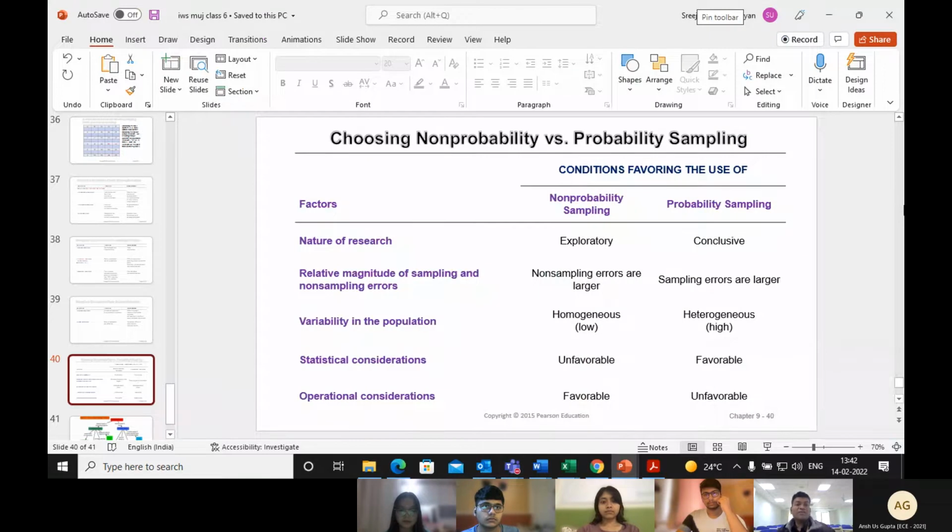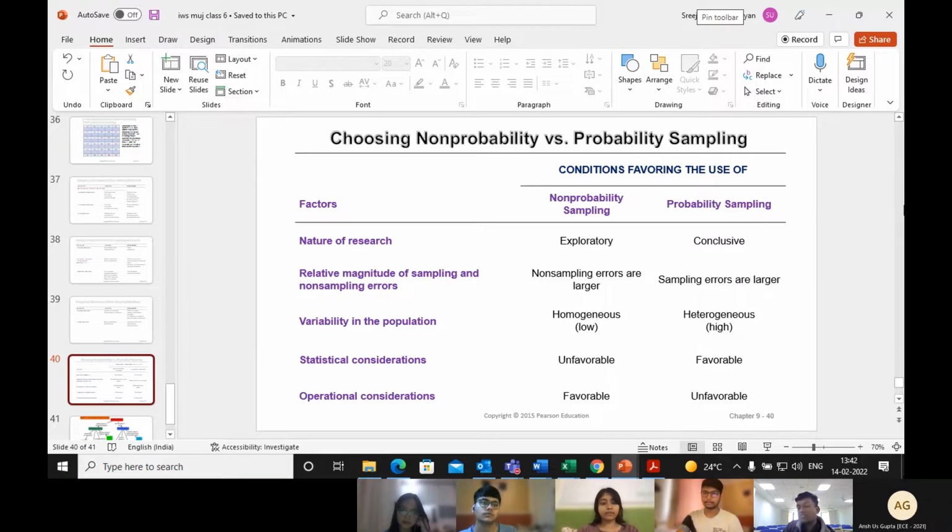Relative magnitude of sampling and non-sampling errors. Non-sampling errors are larger when you do non-probability sampling, whereas sampling errors are larger in the other case. If the variability in the population is low, if it's a homogeneous population, you can go for non-probability sampling.